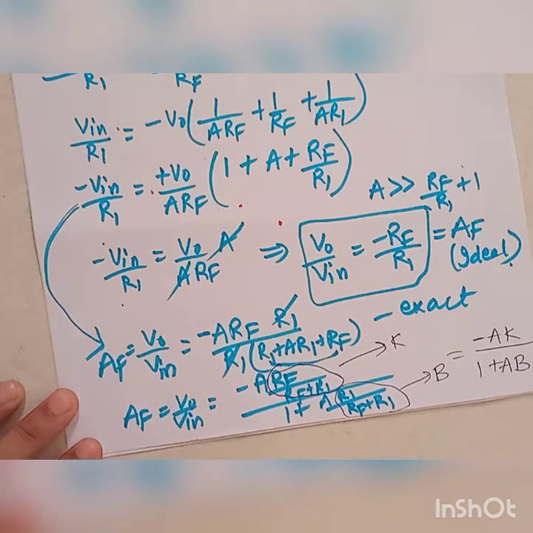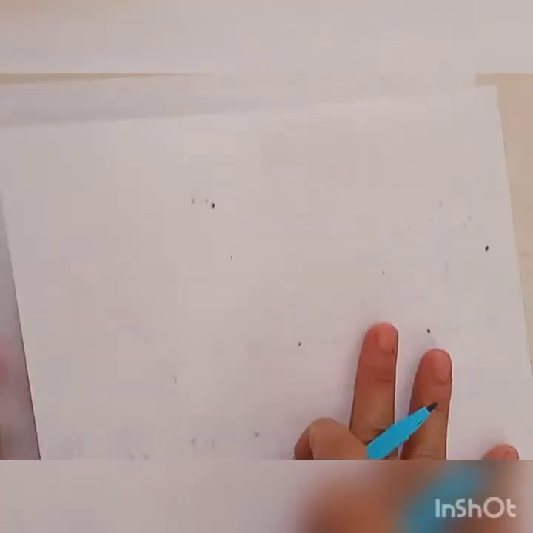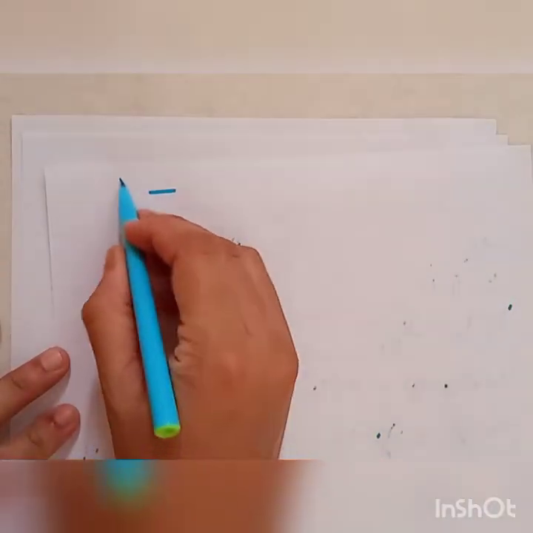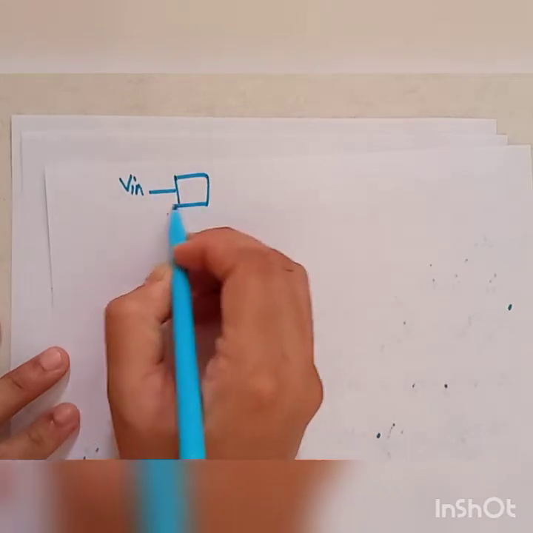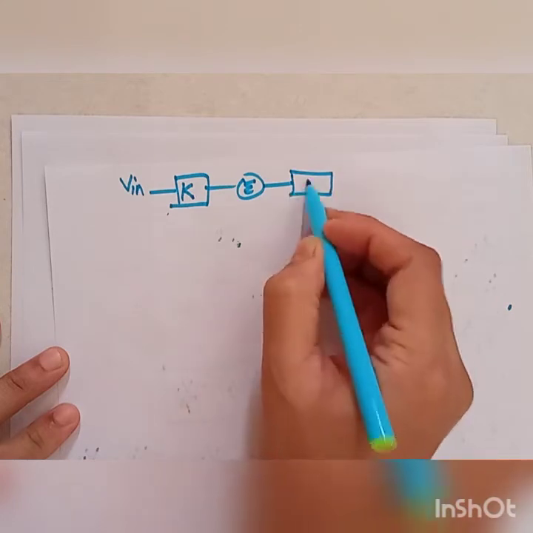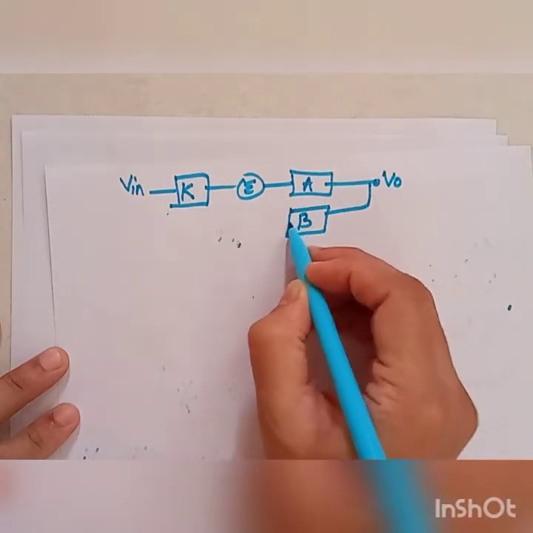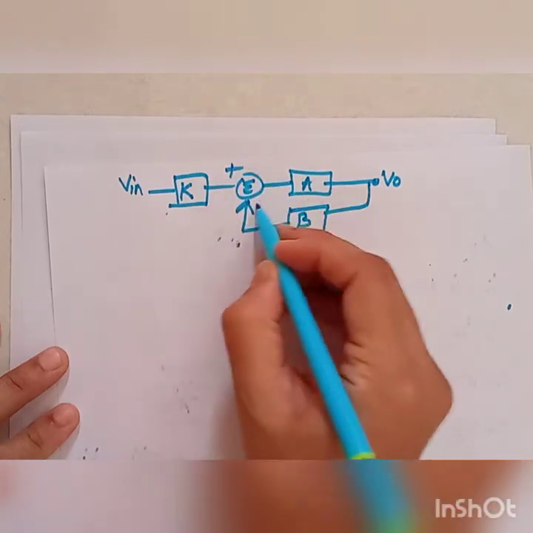Now I will draw the diagram for this exact value. What you got here is based on this formula, so let's draw it. That formula can be drawn in the form of a block diagram like this. This is your V in, this is your K, the attenuation factor, this is the mixer, this is your amplifier A, this is V0, this is your B. This is going here, this is plus, this is minus.